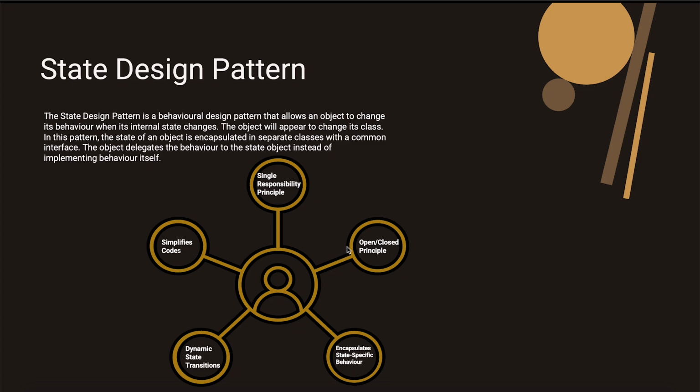So the state design pattern is just a behavioral design pattern that allows an object to change states. And this design pattern uses different principles and is useful in different ways.